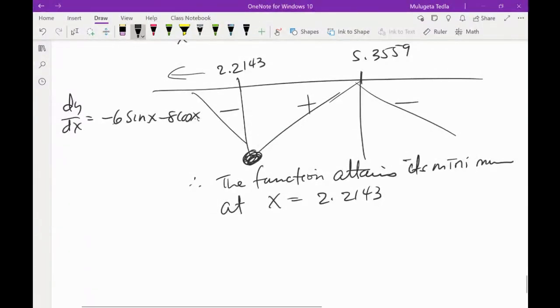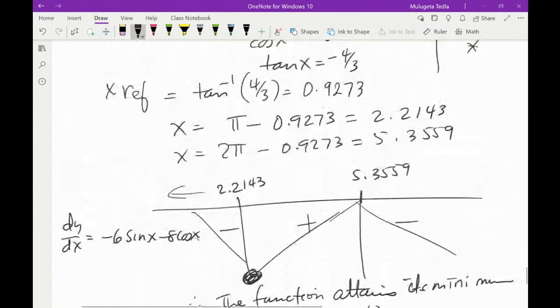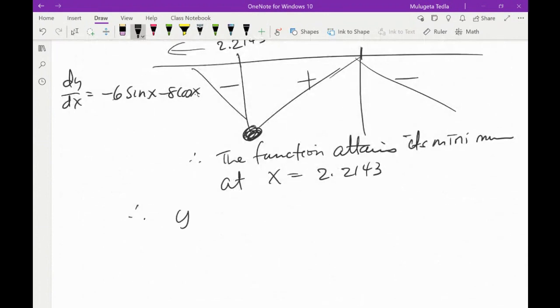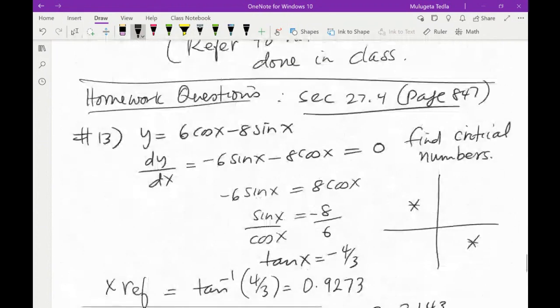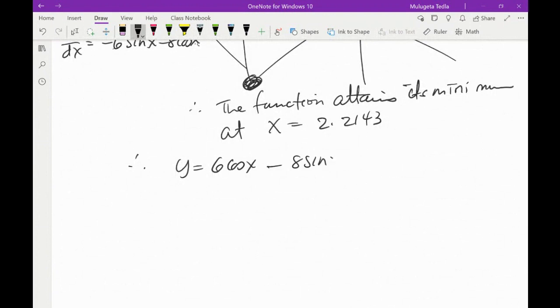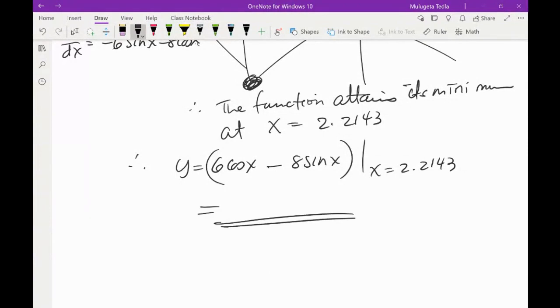Find the minimum value of the function there. Then take the function y equal to 6 cos x minus 8 sine x. If you plug x to be 2.2143, that's the number, okay?